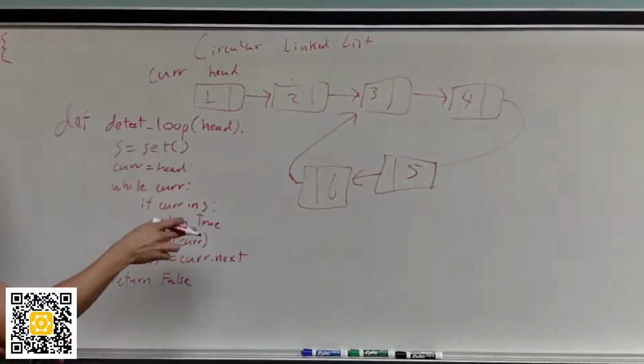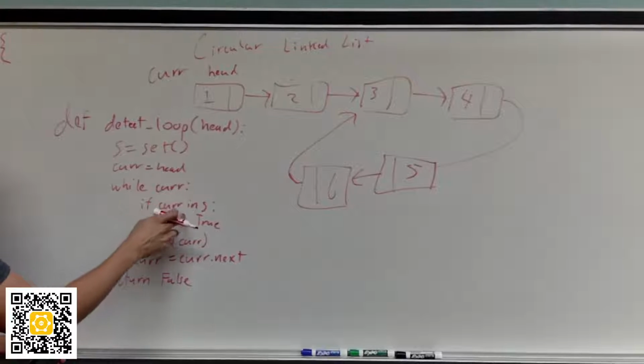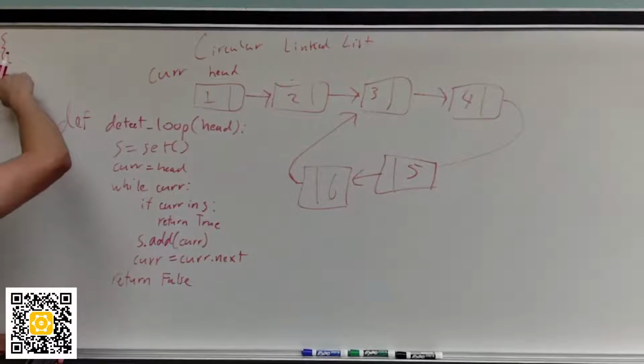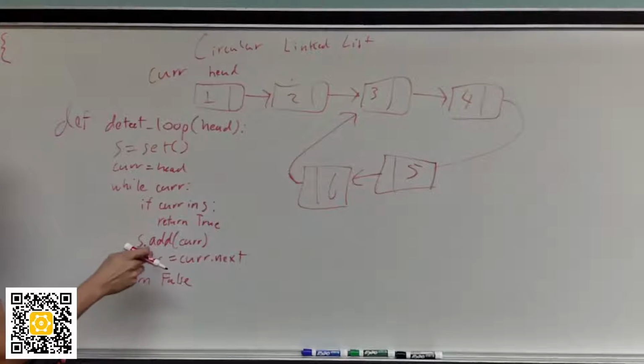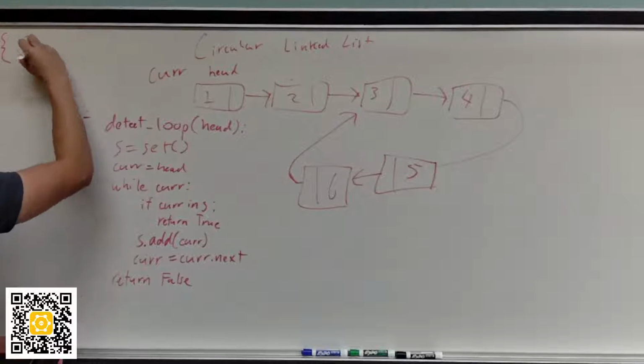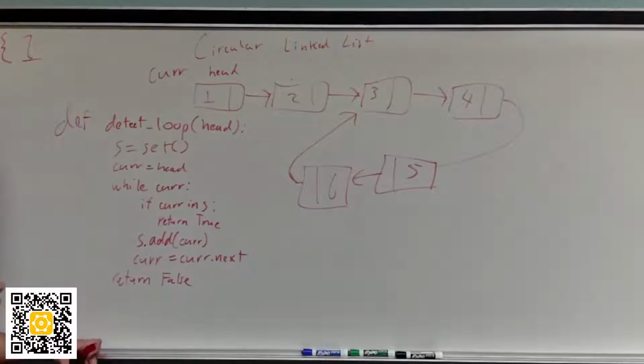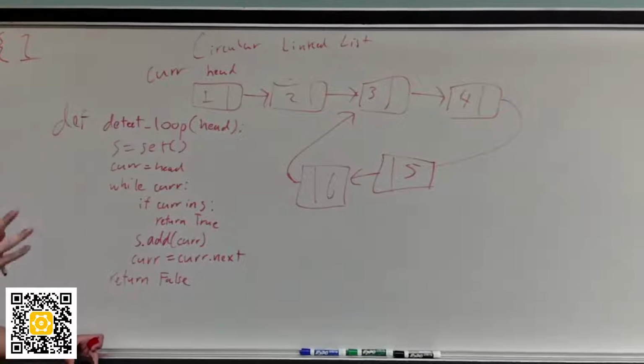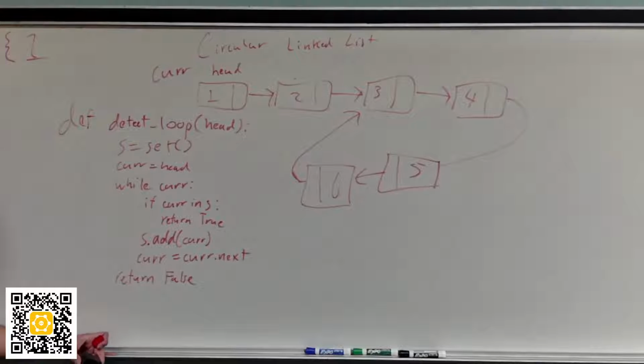And we're looping. So if cur is in the set, the set is empty, right? So this fails, does not return true. S add cur. So we're not putting in the data value, we're putting in the actual node itself, right? Because we may have repeating values. But let's just say, for the sake of this, that there are no repeating values amongst nodes in the linked list.